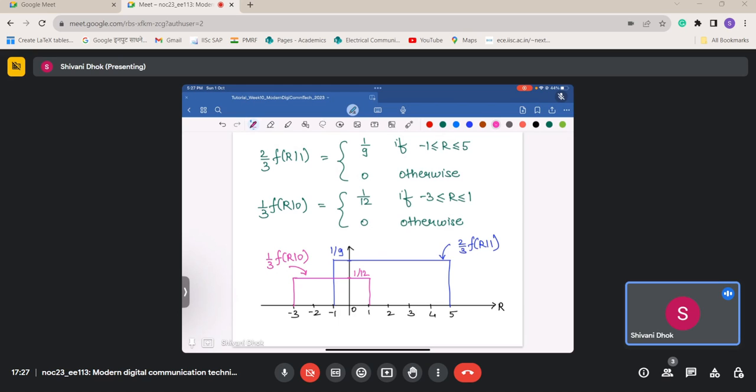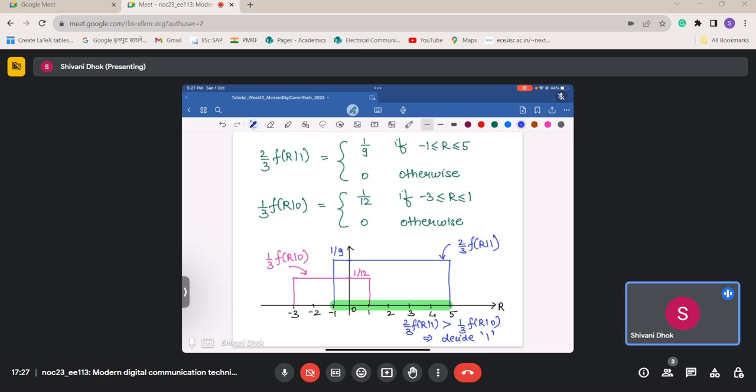So now we need to look at the region wherever these quantities are higher. If we look carefully, in this region we have 2 by 3 f of r given 1 greater than 1 by 3 f of r given 0, which means we need to decide 1.